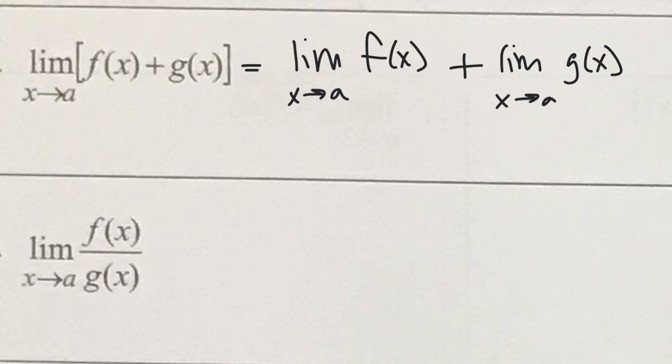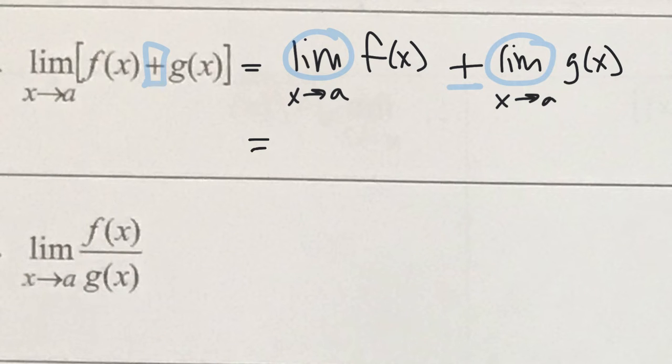The limit of a sum is the sum of the limits. So if you're taking the limit of two functions that are added together, you can split them apart and take the limit of each of them separately.